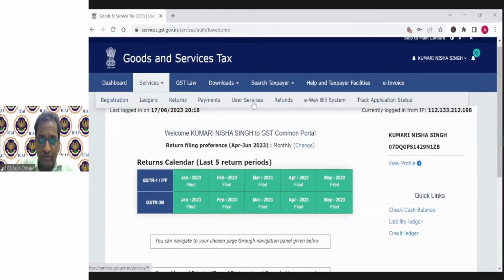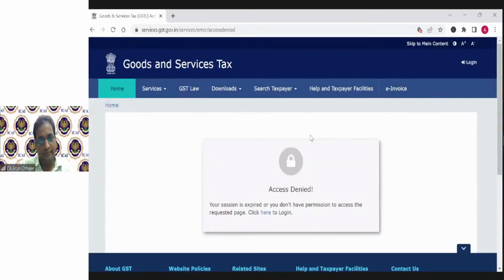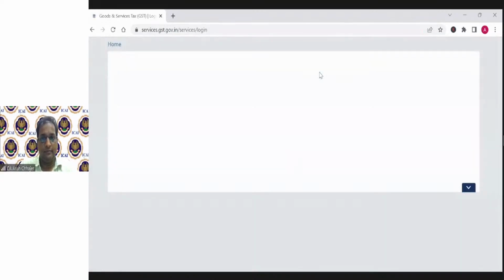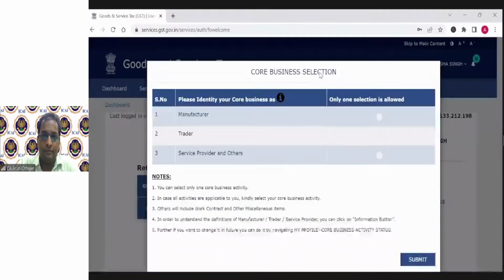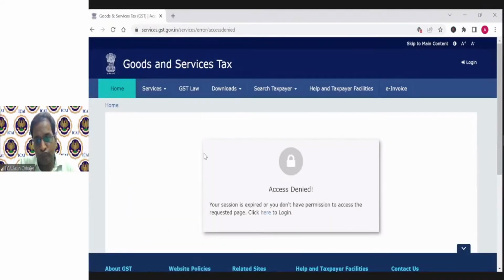Go to the services, then returns and return dashboard. एक मिनट दीजिए. So go to the services, returns and then dashboard. Why it is not appearing?